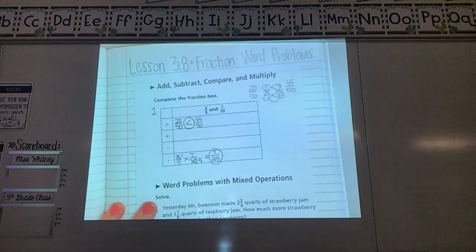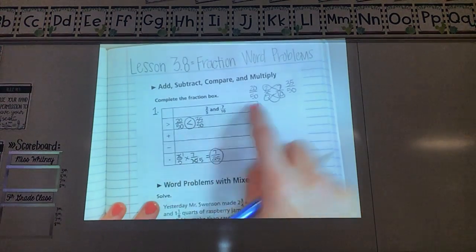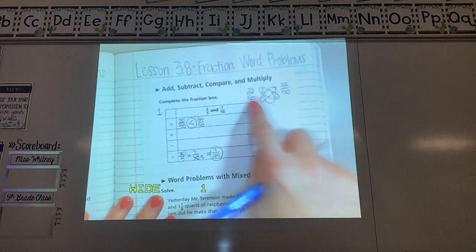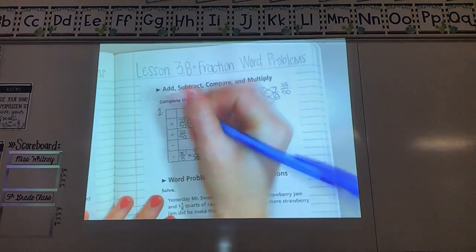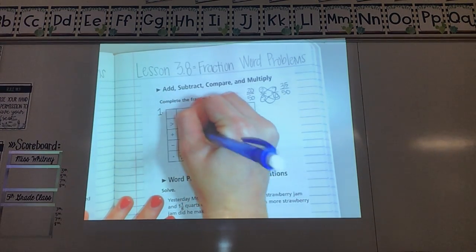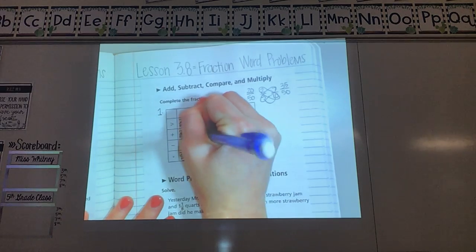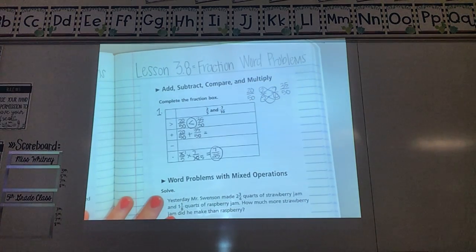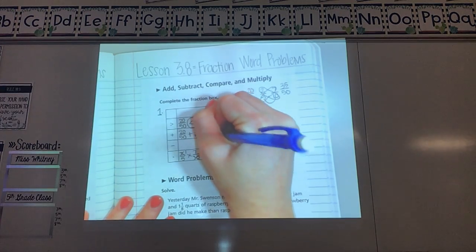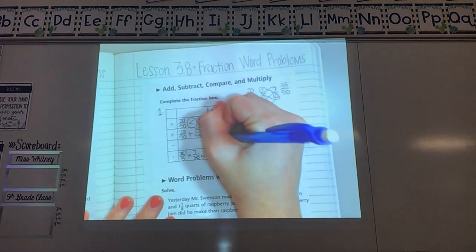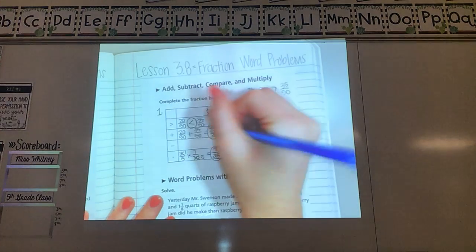Okay, now it wants me to add those. So use those new fractions again so that the bottom numbers are the same, and we're going to add them. So 20/50 plus 35/50. What does that give me? 55/50. And as I'm circling that, because that's worth a point, I notice that it's improper.